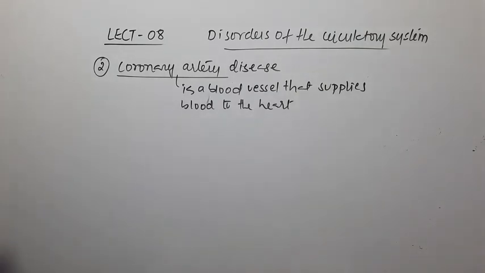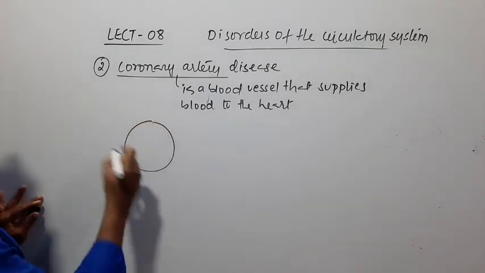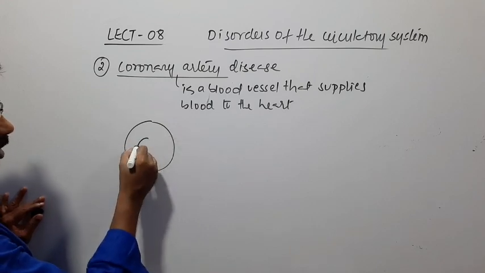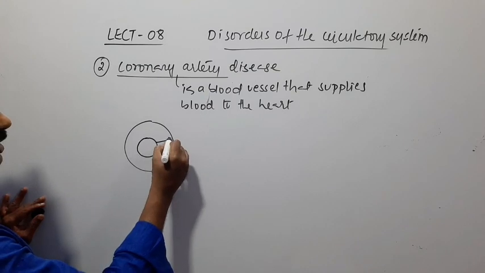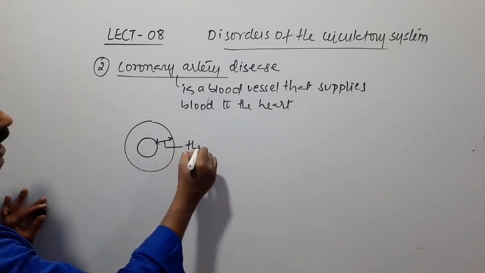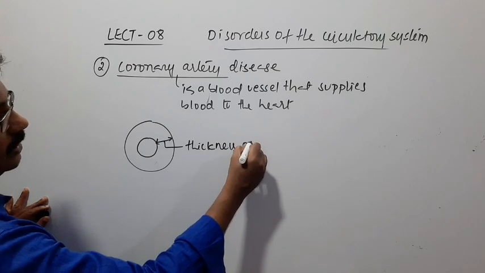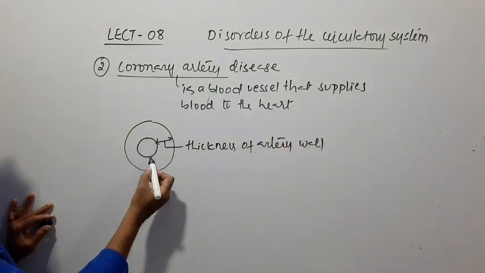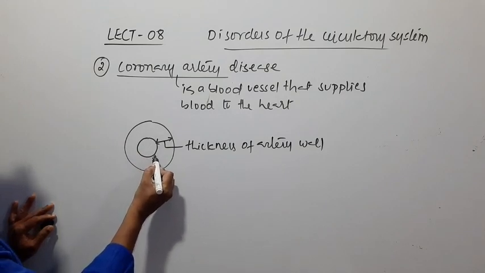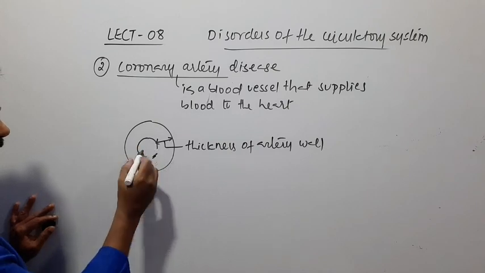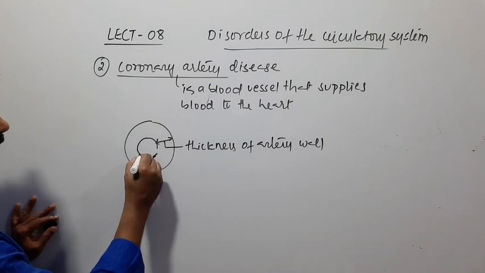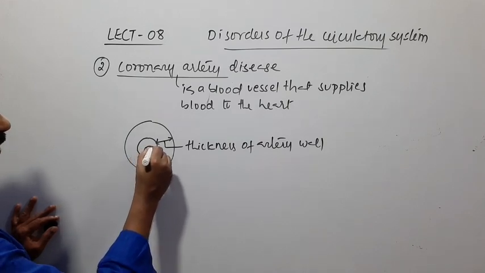Just now I have told you, when you take the normal artery, you may find it like this. This is the thickness of the artery wall. Cholesterol, calcium and other substances, in the course of time, start depositing here, and this layer starts bulging into the lumen.